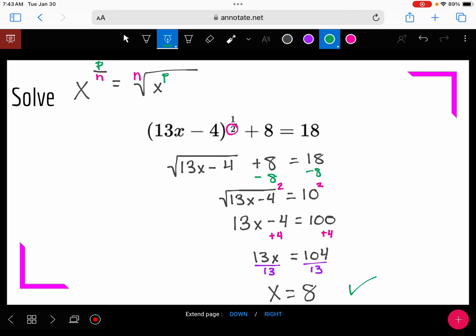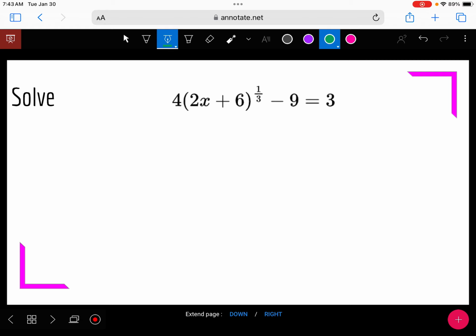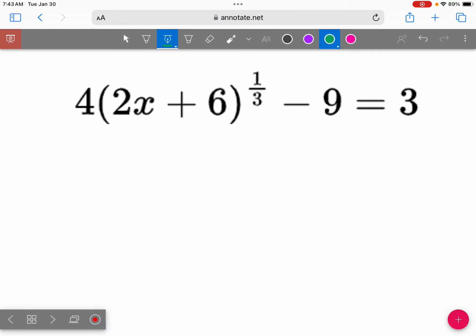We're going to do one more like this, okay? The check will come more into play tomorrow. So it's a good habit. Okay, so we've only done squares so far. It's the exact same process, even if it's a cube.